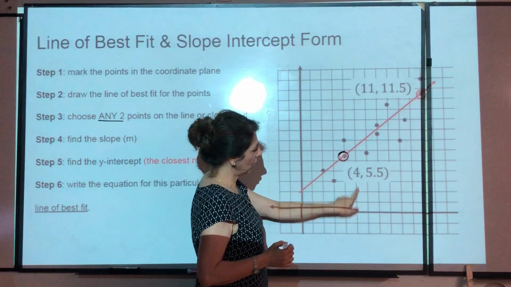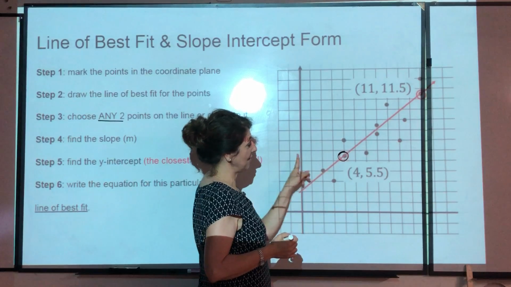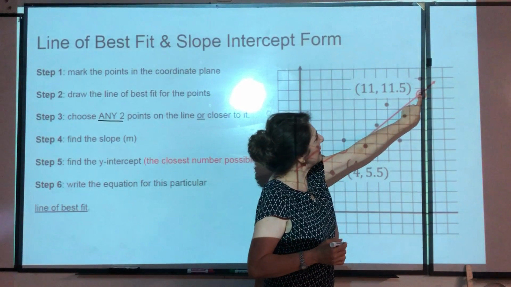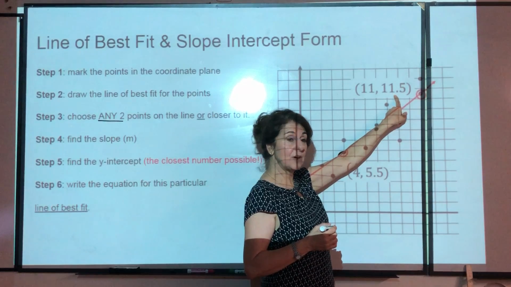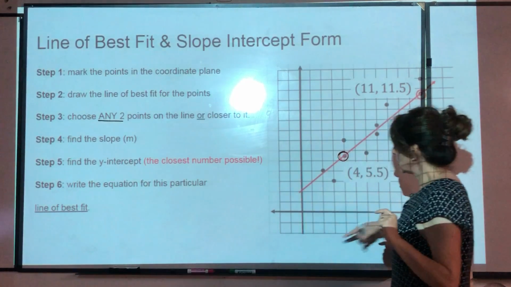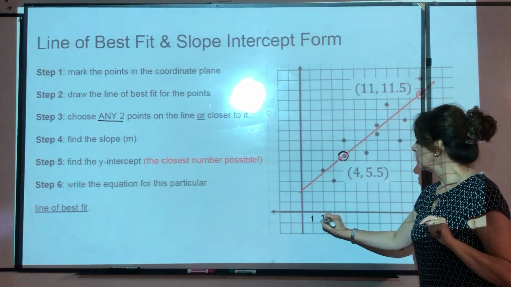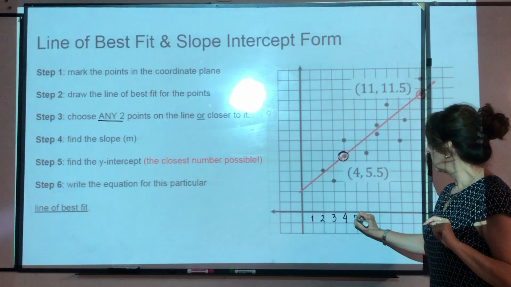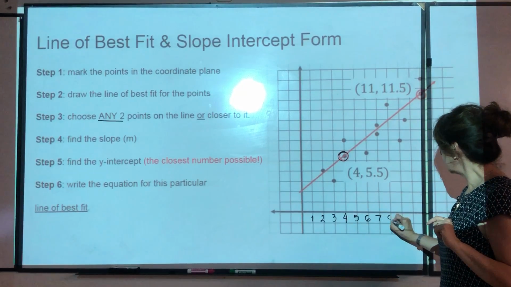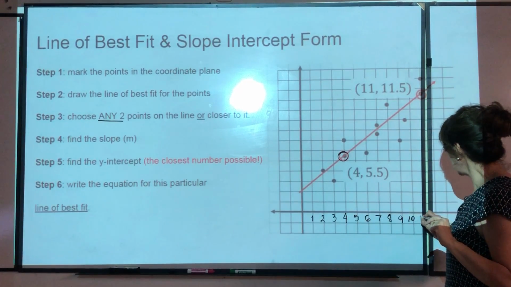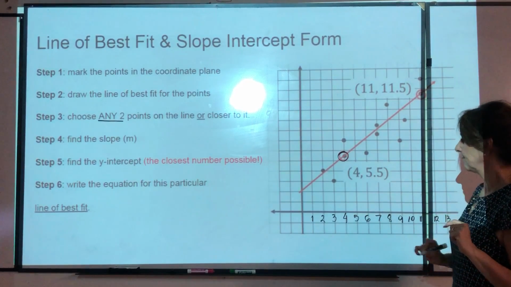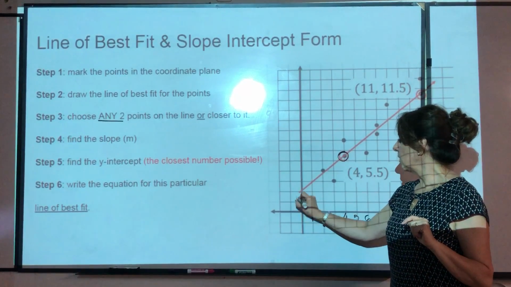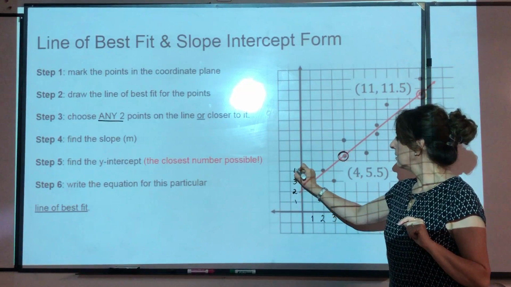This, which is 4 for x and 5.5 for y. And this one here, which is 11 for x and 11.5 for y. This is not marked, so let's go. 1, 2, 3, 4, 5, 6, 7, 8, 9, 10, 11, 12, and 13. Same thing over here. 1, 2, 3.